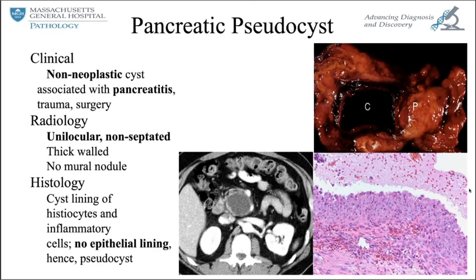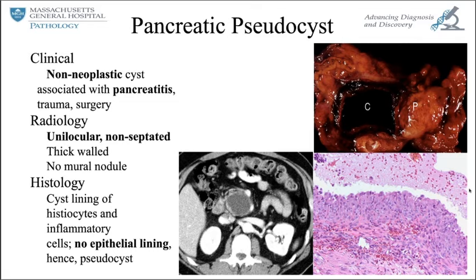So let's start with our foundation, pancreatic pseudocysts. These are non-neoplastic cysts, and almost all patients have a history of pancreatitis when they have a pancreatic pseudocyst. And in the United States, it's most often related to alcohol abuse. But pseudocysts can also occur in patients with trauma or recent history of surgery.